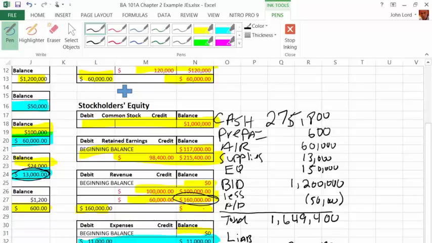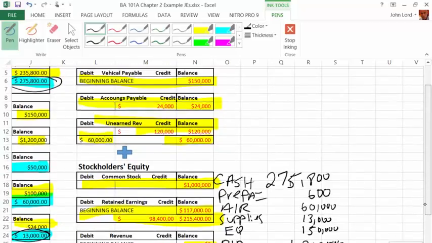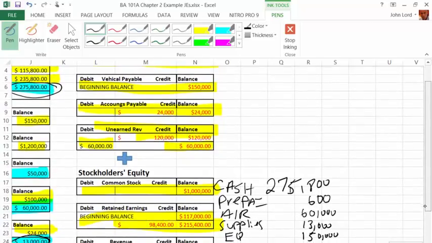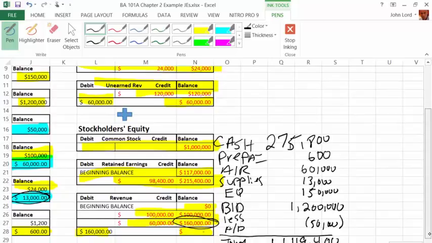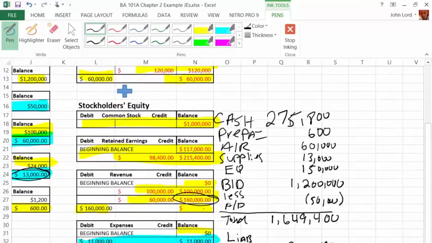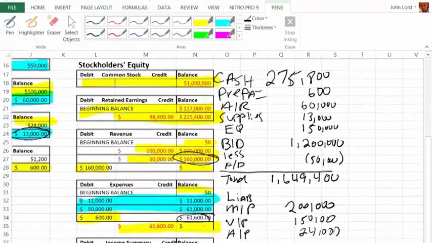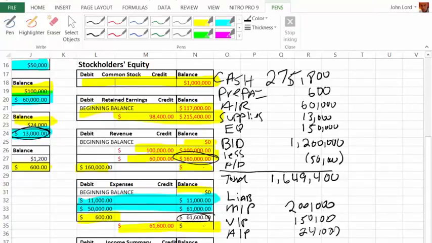Okay, good. Anything else? The accounts payable. What? We haven't paid for those supplies yet, huh? We better get paying on those because the supplies are half gone already, aren't they? But we'll pay on those later. 24,000. Unearned revenue, huh? Okay. I'll just call that unearned.